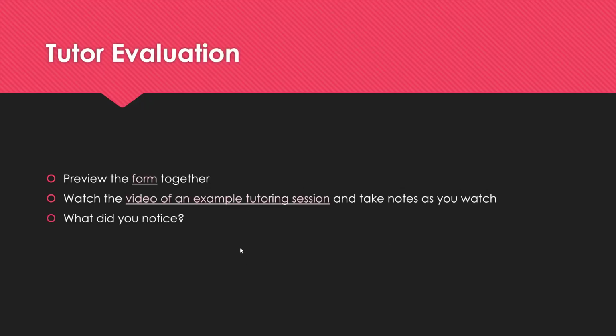So the first thing we're going to do is a tutor evaluation. And this is really the bulk of our lesson today. So we're going to look at a tutor evaluation form together.